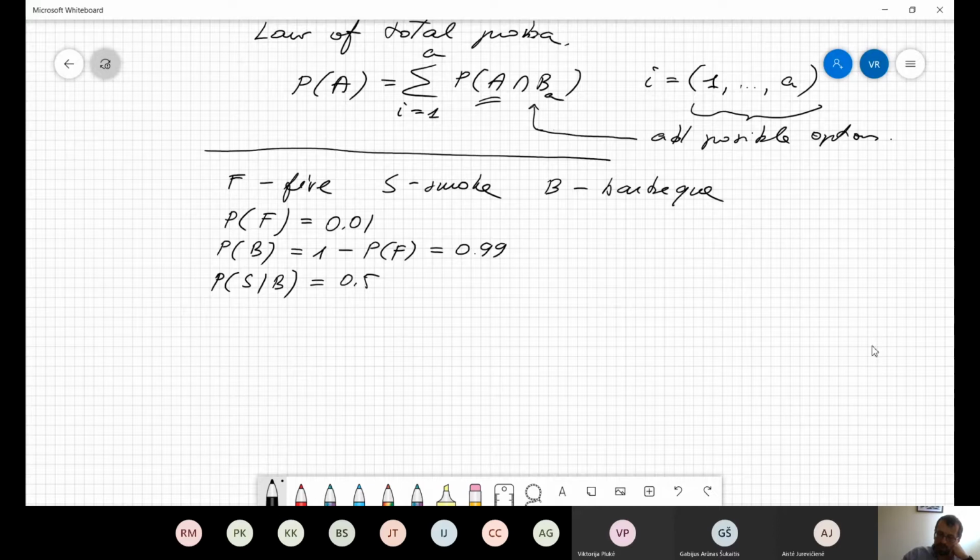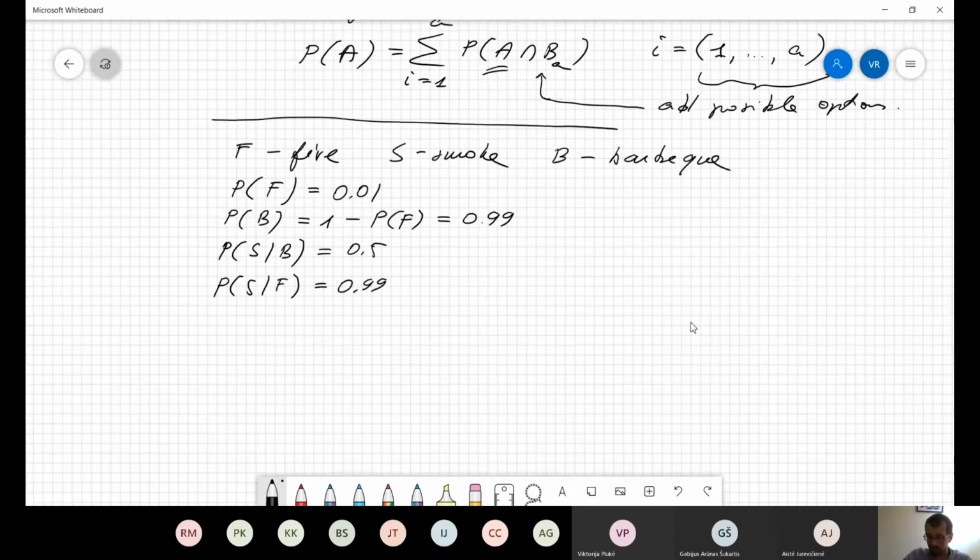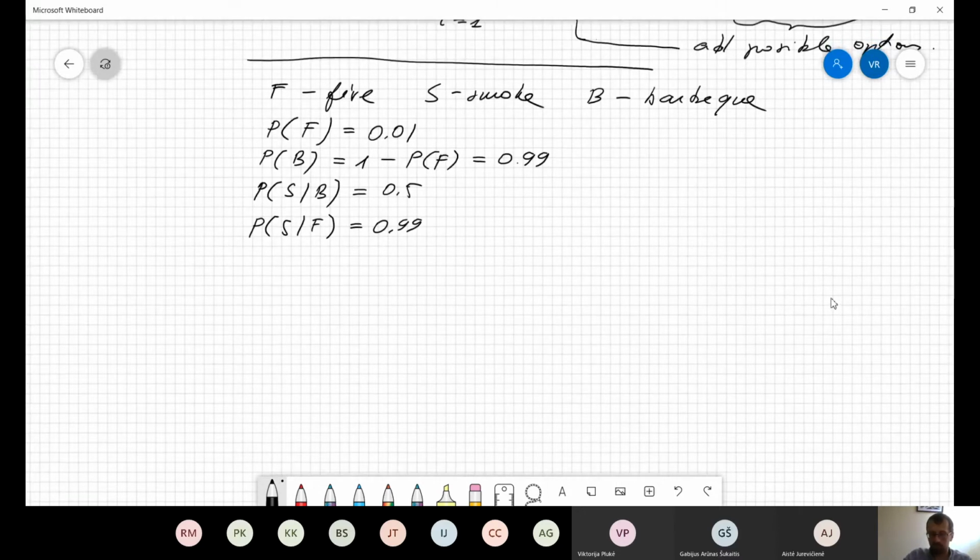Given 10 barbecues, 5 would be with smoke, 5 would be without smoke, right? But the probability of smoke given fire is very high, so this is 99%. Once you have a fire, the probability of smoke is very high, even though the fire itself is very rare.